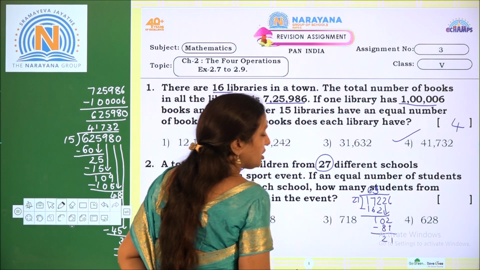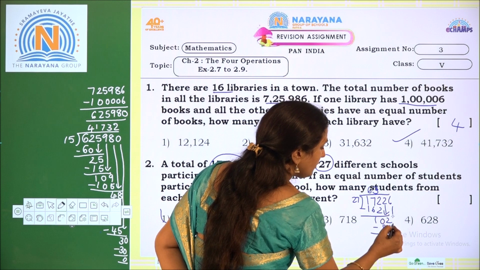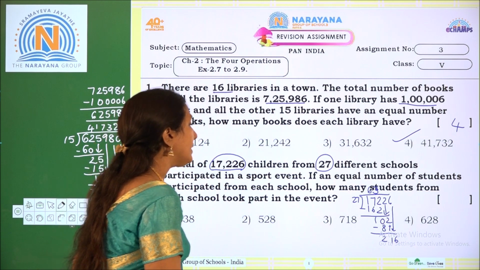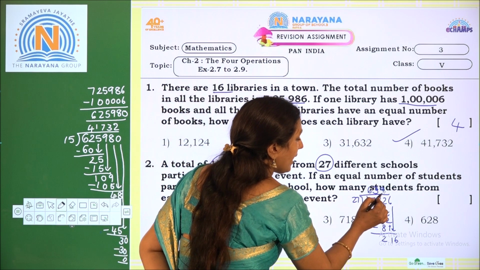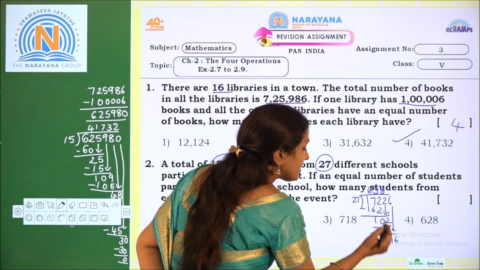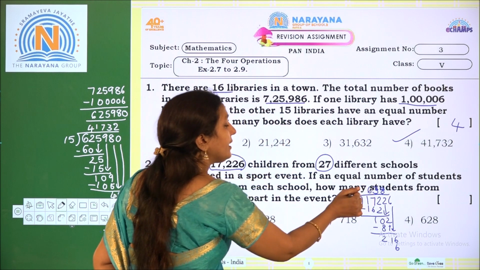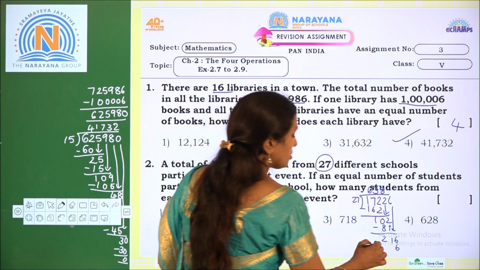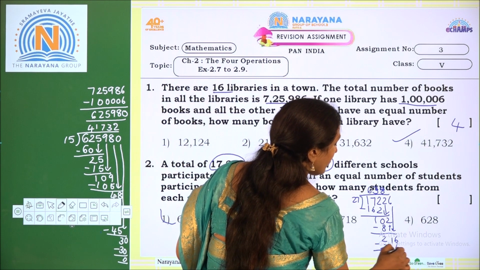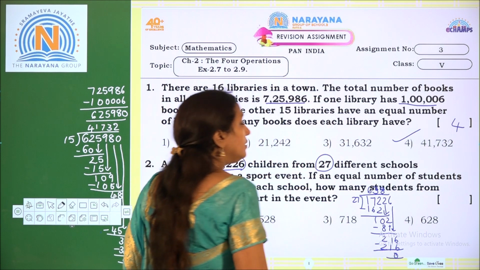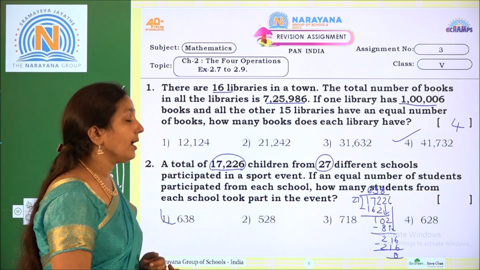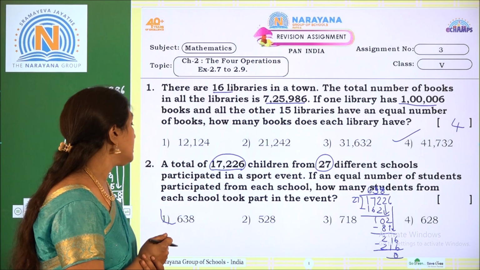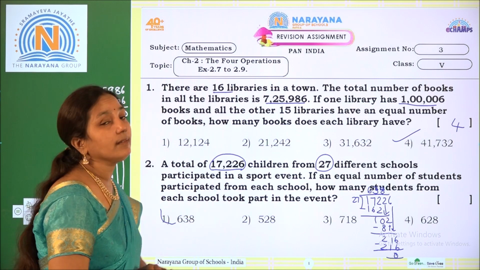Now bring down 6. How many times can we take approximately? Take 8 times. 8 sevens are 56, 8 twos are 16, 16 plus 5 is 21. So not approximately, it will be exactly 638. So 638 students from each school took part in the event.